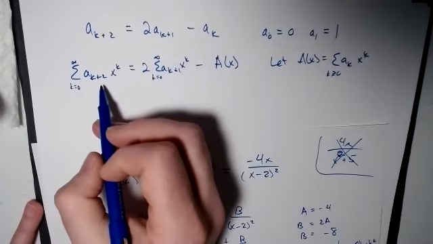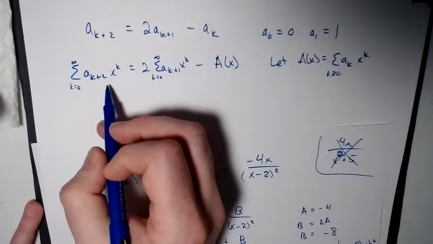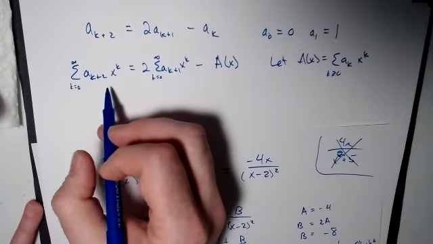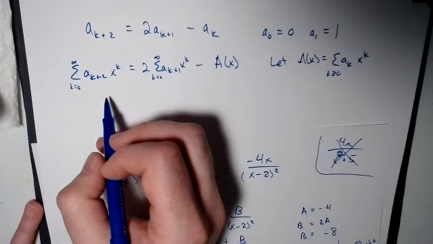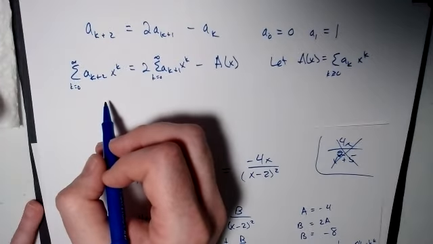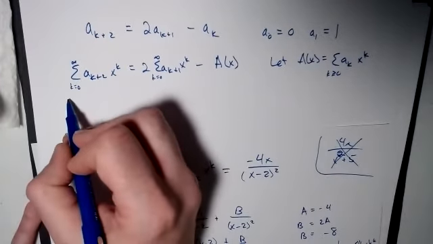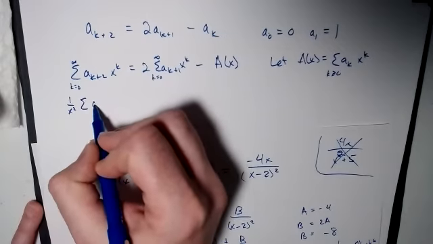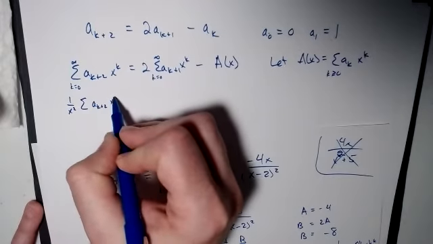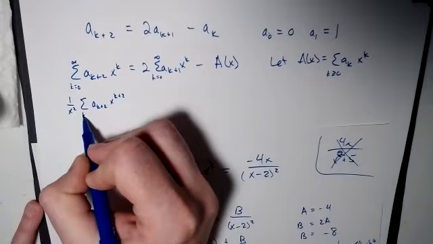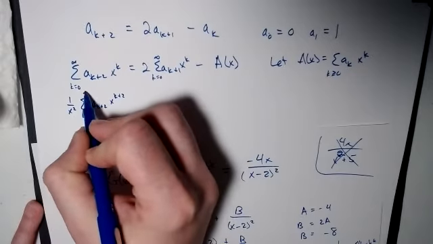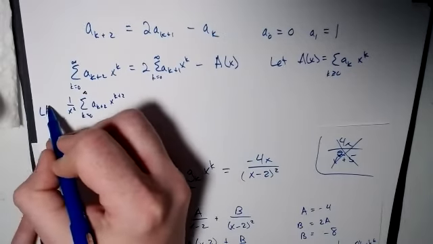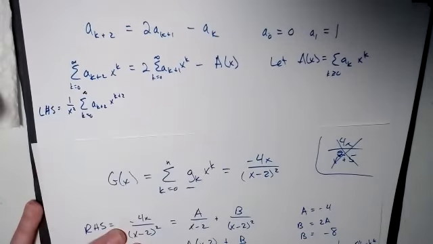So now this one is actually missing 2 terms. If we think of this as 1 over x squared times the sum of a_{k+2} x^{k+2} as k goes from 0 to infinity. Let me do my little left-hand side trick so I don't have to keep track of all of it.